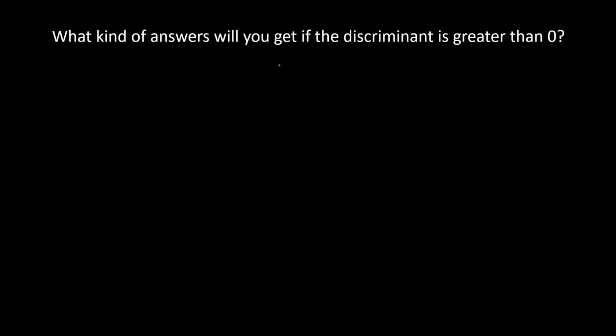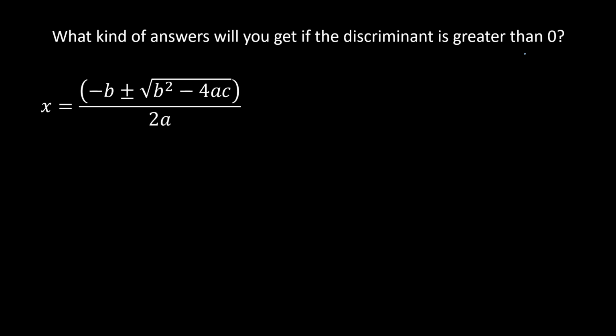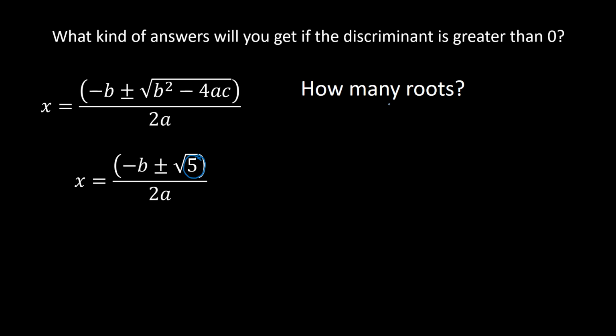So, for example, if the discriminant is greater than 0, so looking at the quadratic formula, if the part inside of the radical right here were greater than 0, let's say a 5. So in this specific case, if the discriminant is 5, then our first question is going to be, how many roots will it have?